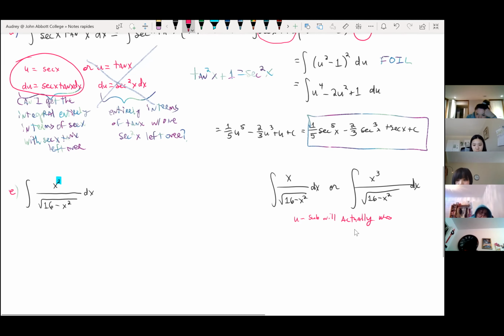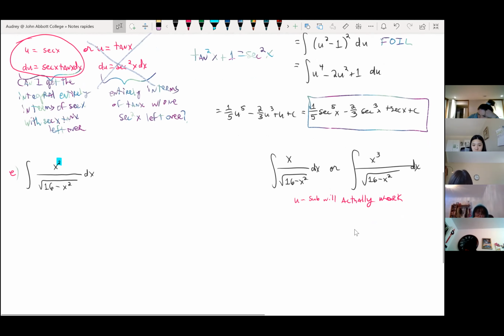And sometimes you can follow through with the u sub, and it will still turn it into a new problem that requires trig sub. That said, in my opinion, it's still worth it to try. If you're unsure, try to see if the substitution is going to work before just resorting to trig sub.